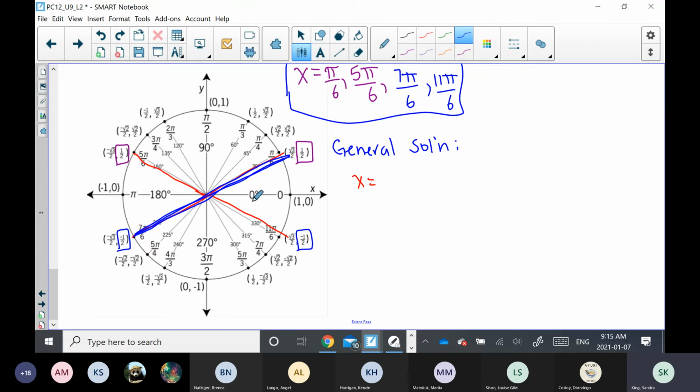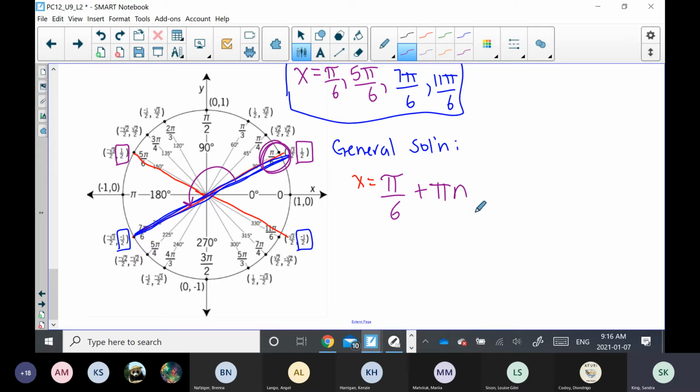So what you have to do to write your general solution, let's just look at this blue line. Remember, you always take the smallest principal angle, which is pi over 6. And to get to here, which is another solution, what do you have to add? Well, if it's a straight line, you just have to add multiples of pi, right?